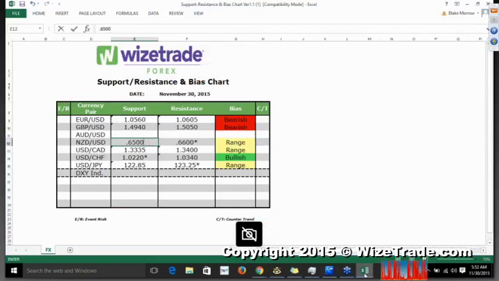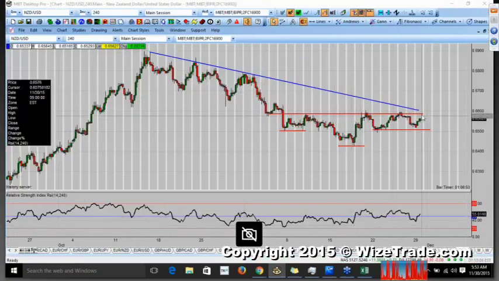If the dollar does weaken, this is where you want to be as far as the dollar pairs go.